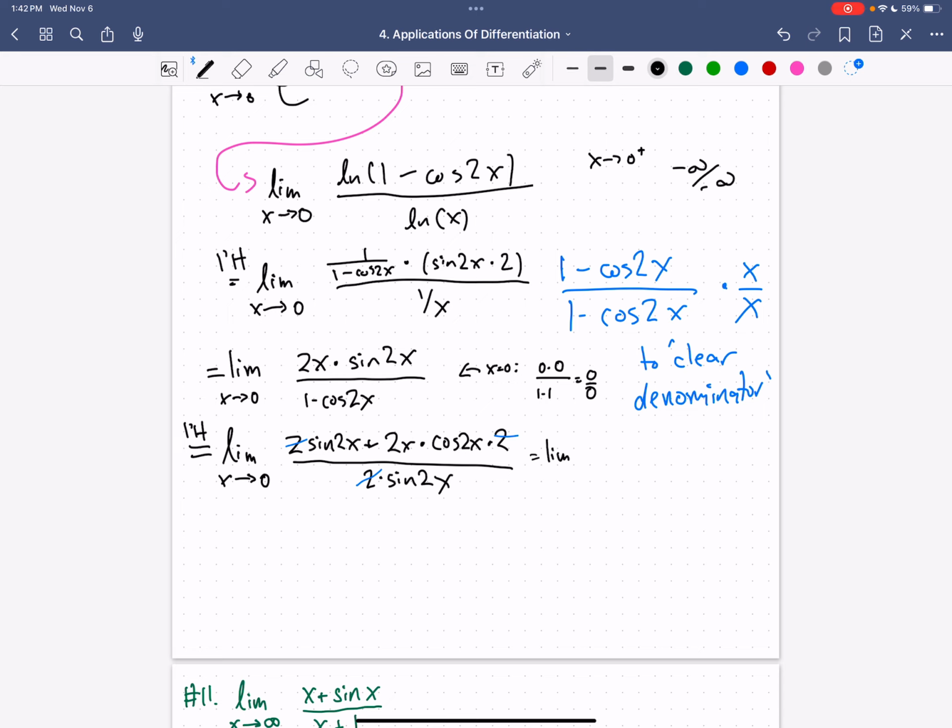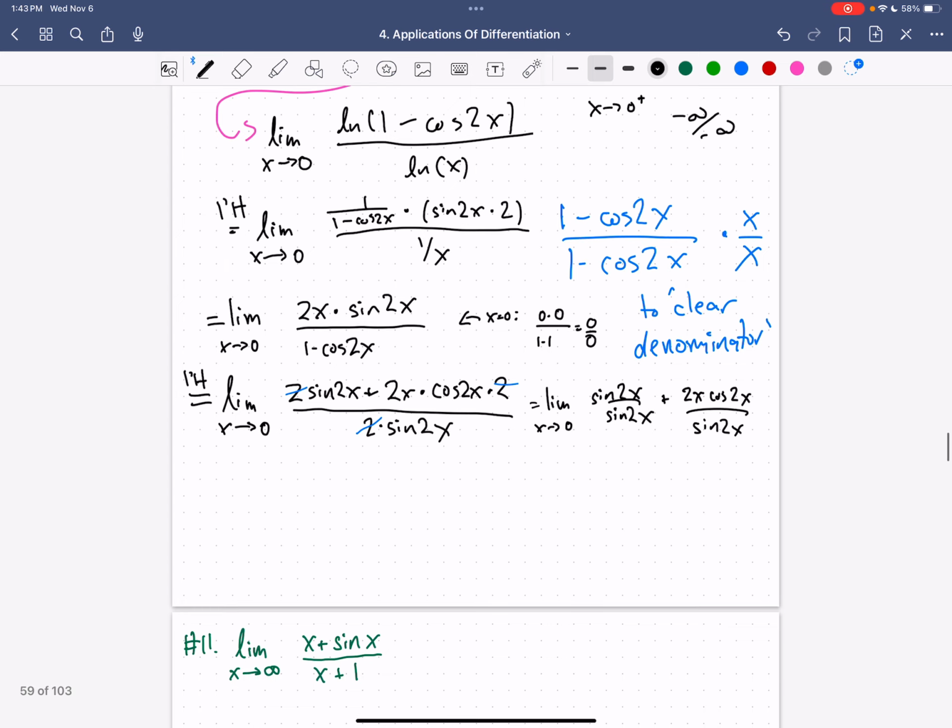So we've got the limit as x goes to 0 of sine 2x over sine 2x plus 2x times cos 2x over sine 2x. This first term is just 1, or I'll keep it all in the limit, why not?